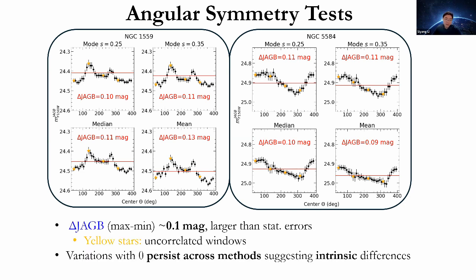The yellow stars that I show here are windows that are non-overlapping, so they're uncorrelated, and we see that even with the uncorrelated points, there can be differences that are several sigma. Now, in addition, these variations still persist across methods. So we still see about 1/10 of a magnitude difference, max and min, across the mode and the mean and the median measurements. And so this suggests that there might be something intrinsic going on in the populations.